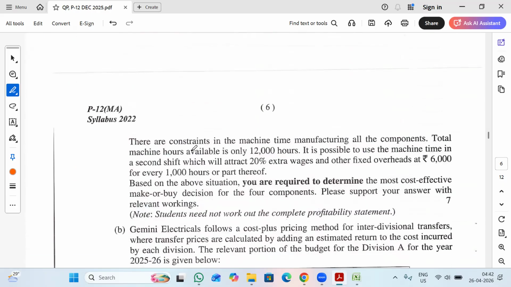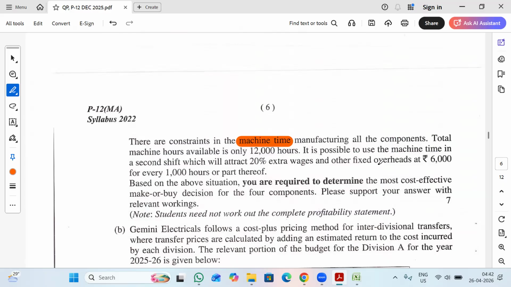There are constraints in the machine time for manufacturing all the components, so we can't manufacture all the components. We have machine hour constraints. So the key factor here, please note, is machine hours. Total machine hours available is only 12,000 hours.